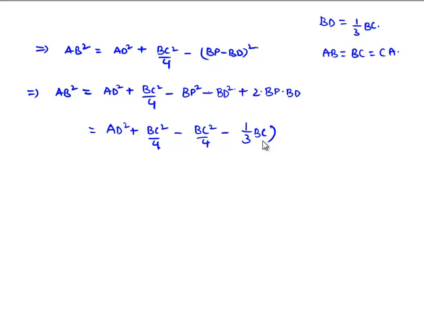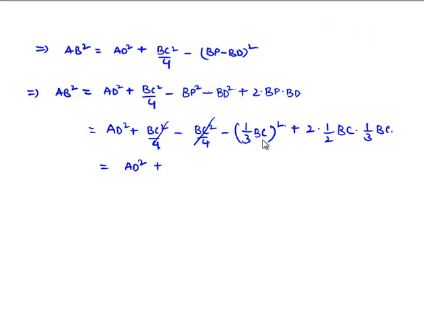Let us replace it, 1 by 3 times BC whole square plus 2 times BP, which is nothing but half BC, and BD is nothing but 1/3 of BC, which is equal to AD square plus BC square, and minus BC square by 4 will be cancelled.